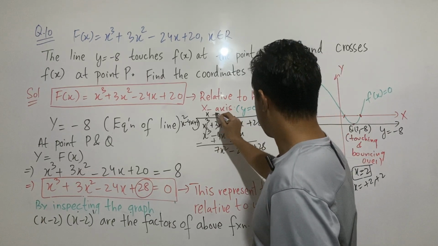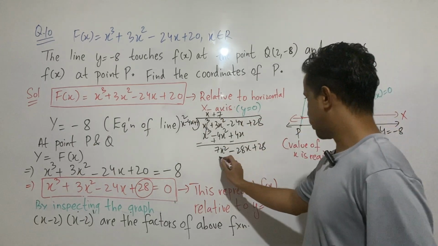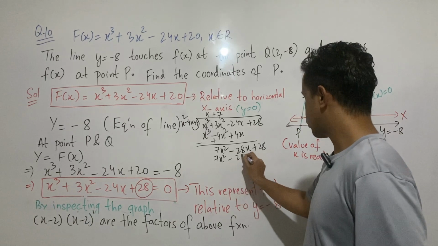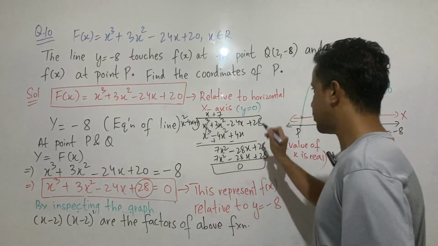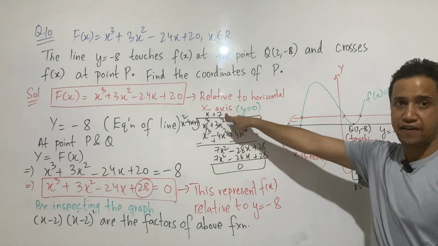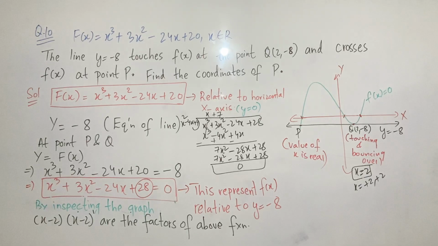So here if I take 7, it's going to be 7x squared minus 28x plus 28. So it's going to be 0. It means that my other factor is x plus 7, right? x plus 7.